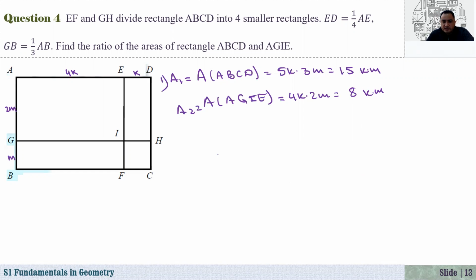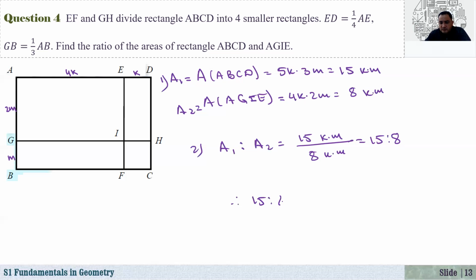The second step is we need to find the ratio. A1 to A2 is equal to 15KM over 8KM. So that's equal to 15 to 8. So the ratio of the biggest rectangle to the area of rectangle AGIE is 15 to 8.